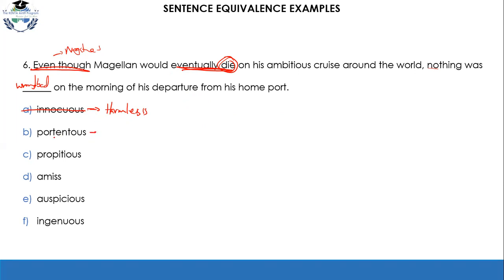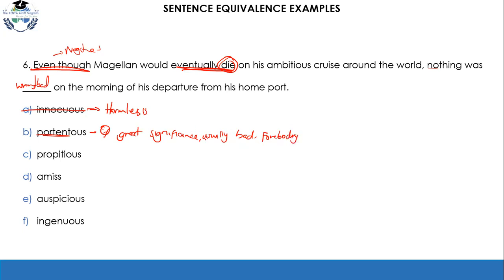Portentous, potent, right? Of great significance here. Usually, but also means foreboding.